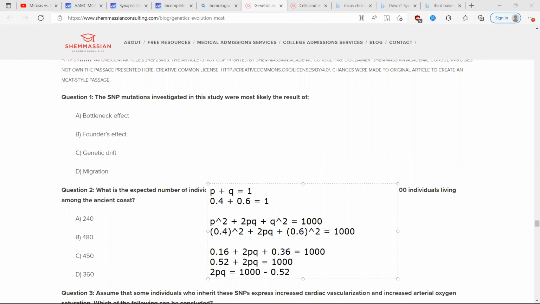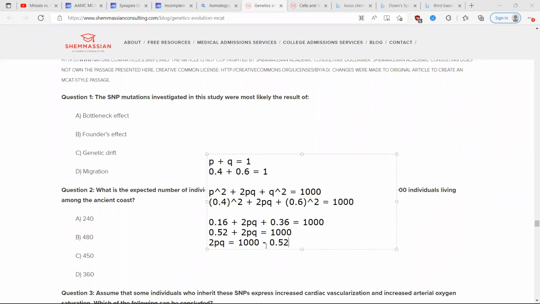I know this is not properly written because this is not correct, right? Because this is supposed to be 52% of the whole population. I just don't know how to properly write that. But I know this is going to be minus 52% of the 1,000, so that's 520, right?